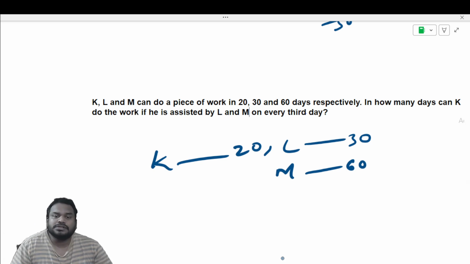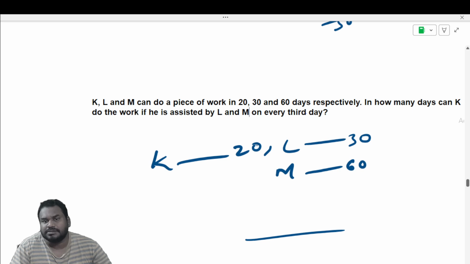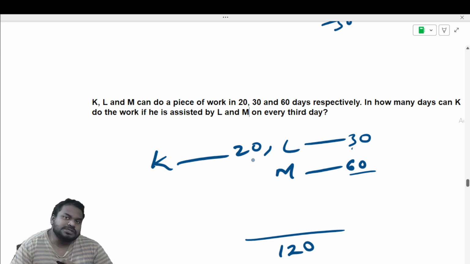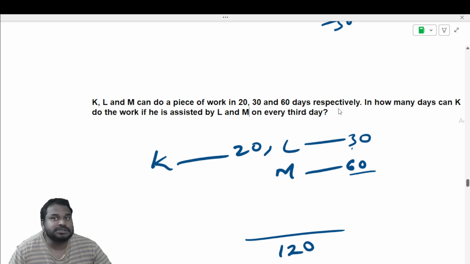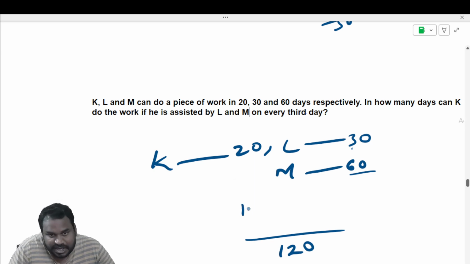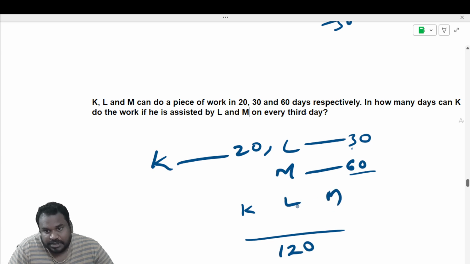Okay. So first you find out the total number of parts, and that is the LCM of these three: 20, 30, 60. What could be the LCM? It cannot be 90. It is 120, because 120 is divisible by 60, so obviously by 30 and 20 also. So 120 is the total number of parts of work to be done, and in this 120 I'll find out the efficiencies of K, L, M separately.